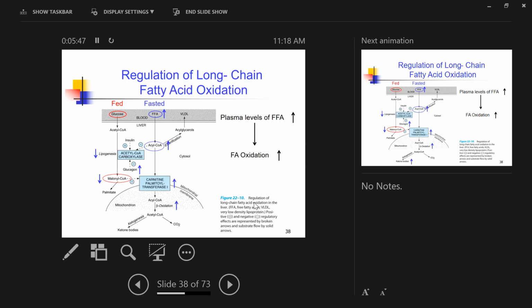All this acetyl-CoA in the liver during fasting will not be completely oxidized through the TCA cycle, but will be used for synthesis of ketone bodies. So it is different from muscle.